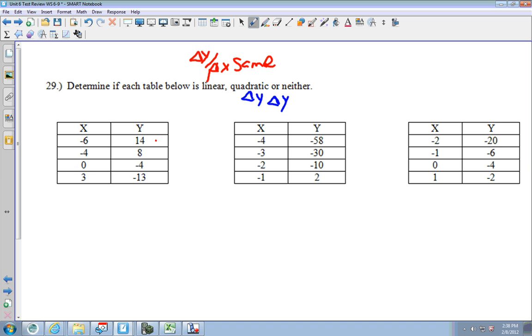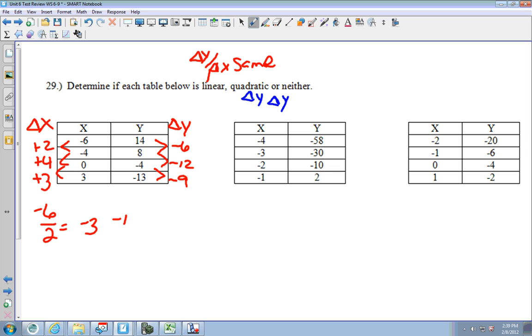So if I start here, I have minus 6, minus 12, minus 9, that's delta y, delta x, plus 2, plus 4, plus 3. Negative 6 over 2 is negative 3. Negative 12 over 4 is negative 3. Negative 9 over 3 is negative 3. Since they are all the same, this is linear.